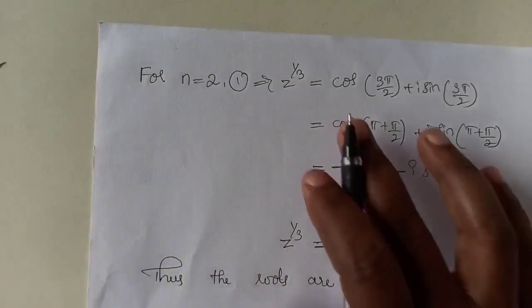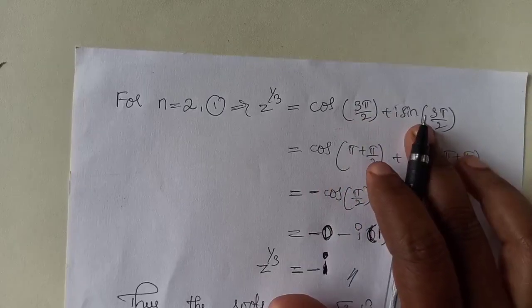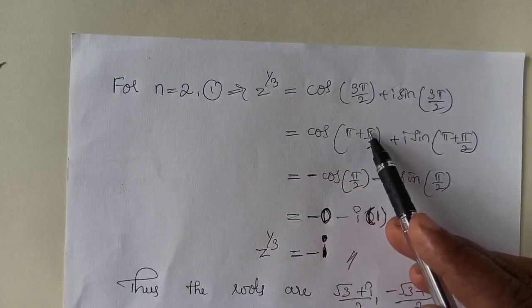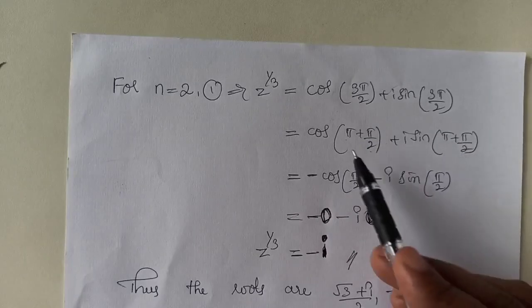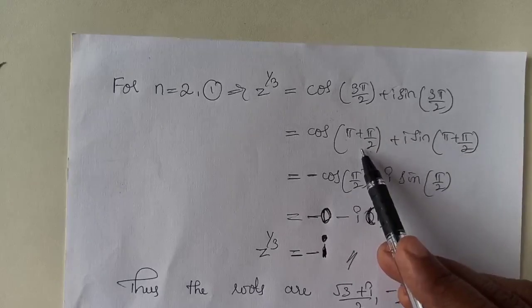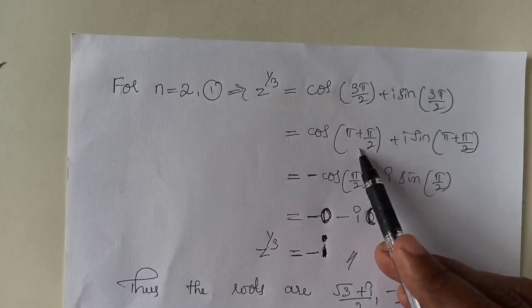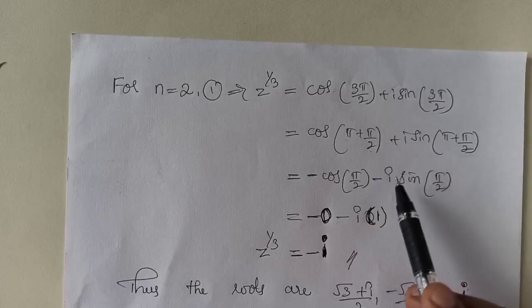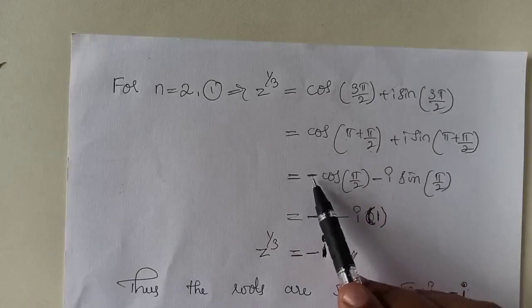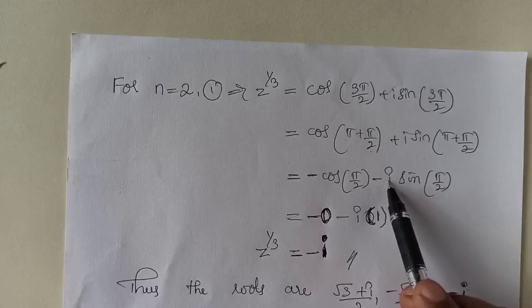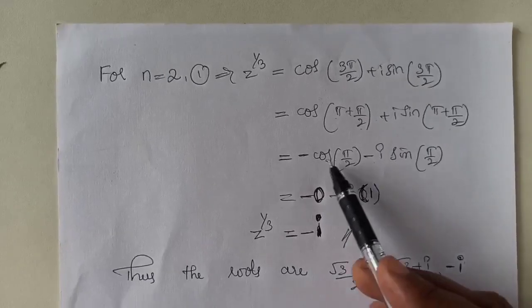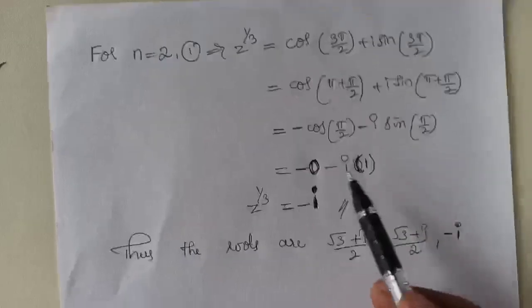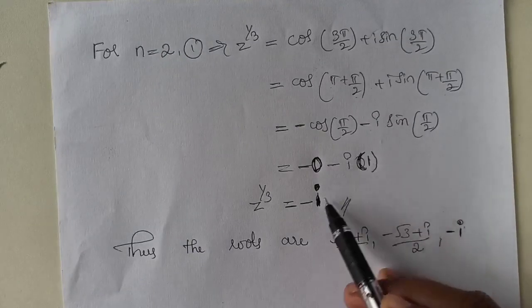So cos of 3 pi by 2 plus i sin of 3 pi by 2. 3 pi by 2 can be written as pi plus pi by 2, which means it lies in the third quadrant. In the third quadrant, cos is negative and sin is also negative. So it is negative cos pi by 2 minus i sin pi by 2. Cos of pi by 2 is 0, sin of pi by 2 is 1. Therefore it is minus i into 1, which equals minus i.